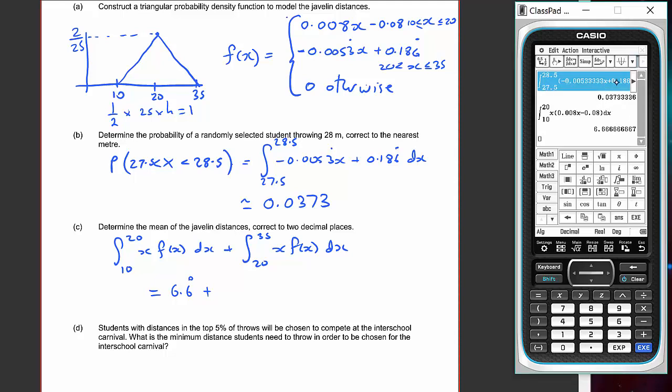If we copied that one, that would be a good one to copy. So let's paste it there. And let's pop an x in front of that bracket and change the limits. So the limits here need to be now 20 to 35.